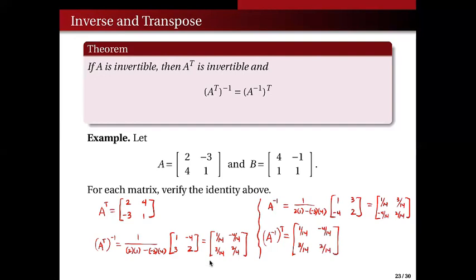And that's precisely this guy here. So at least using this example, this guy here is true. And of course, in general, it is true, as long as your A is invertible.